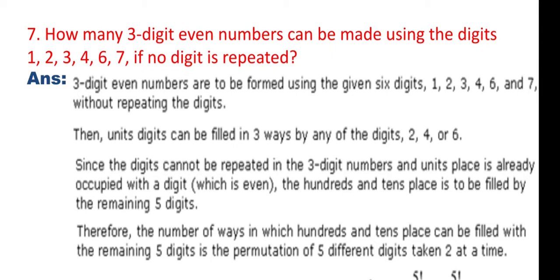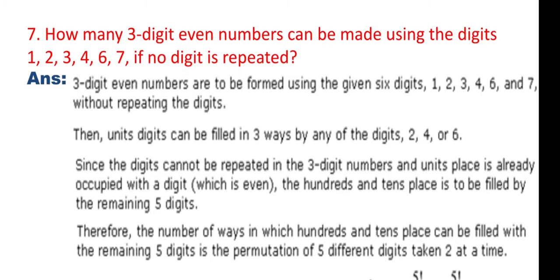Now the first position can be filled in 6 ways, right? Here the number must be even, so the unit place must be an even digit. Three even numbers are there, so the unit place can be filled in 3 ways, any one of the 3.